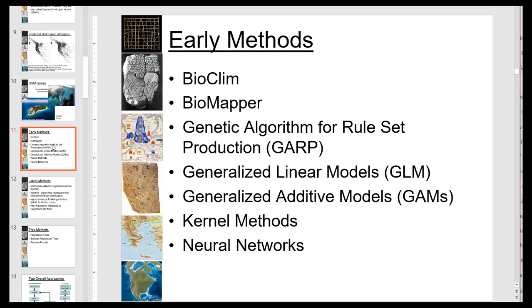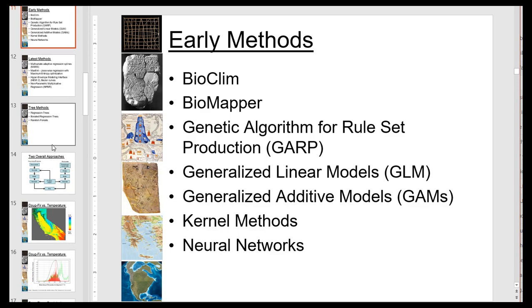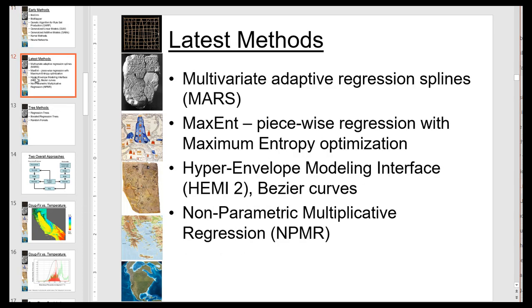Early attempts with this, BioClim is actually a modeling package as well as the data we've been using. Biomapper, GARP, GLMs, GAMs, different methods to modify occurrence data and use these methods with it, usually around density. The methods that are really being used now, by far the most dominant one is Maxent, with over 1,000 papers using Maxent to do habitat suitability modeling.